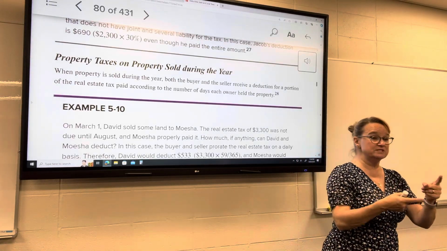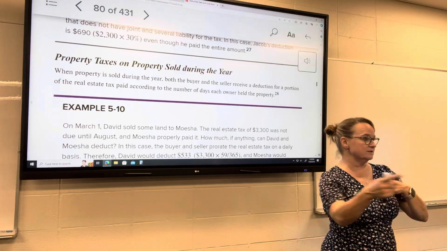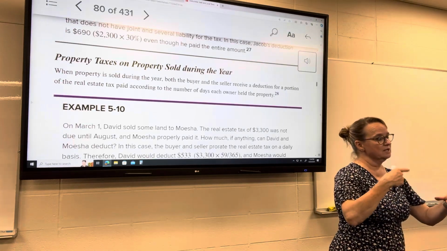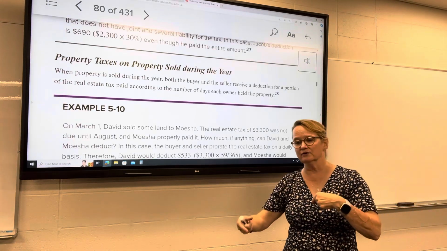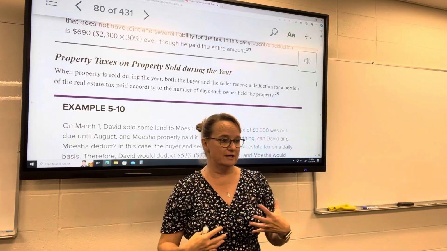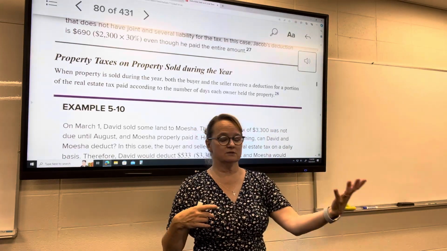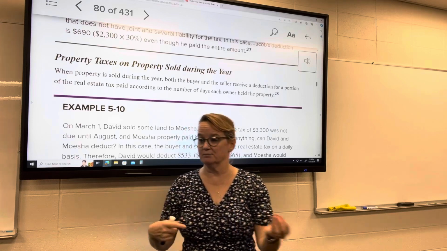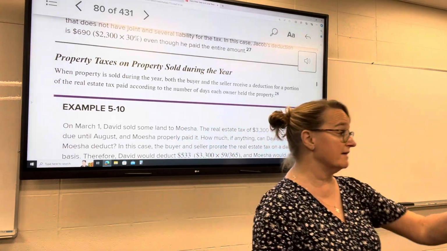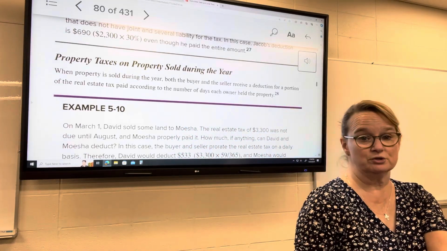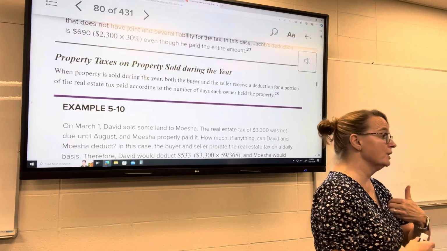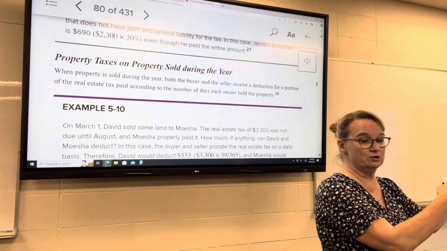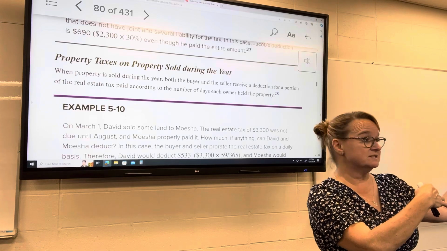So what happens when you sell property in Iowa is there's this reconciliation. The seller will give the buyer credit for the amount of unpaid property taxes. Because they're going to have to pay property taxes at a point in the future for a time when they didn't own the home, because it's a year and a half behind in its assessment.